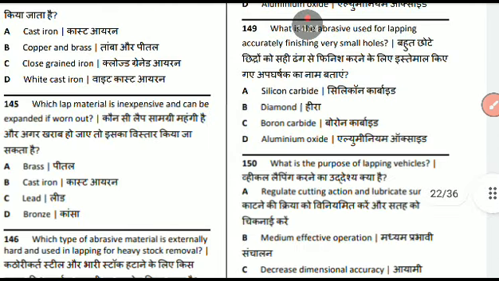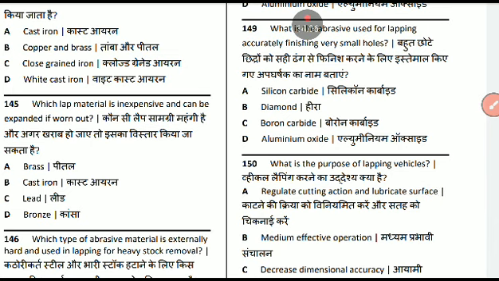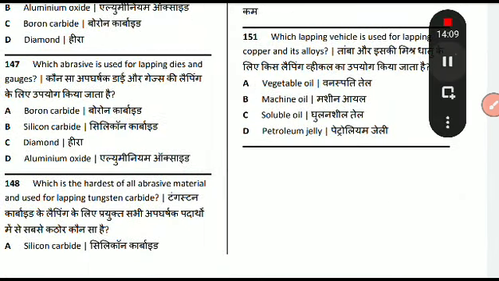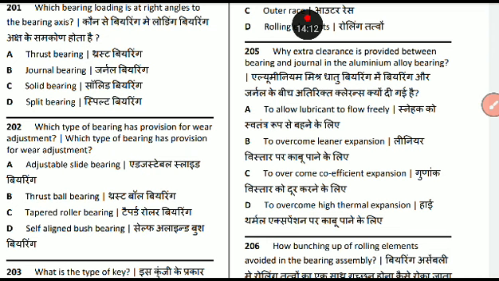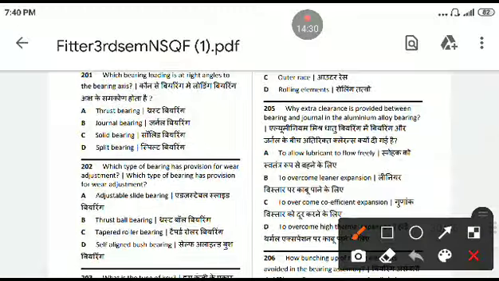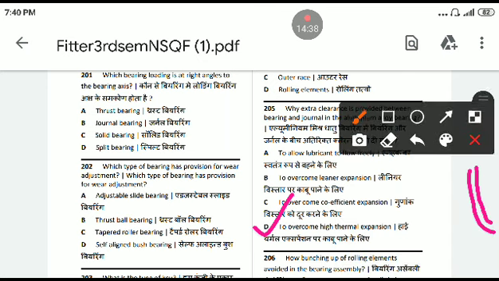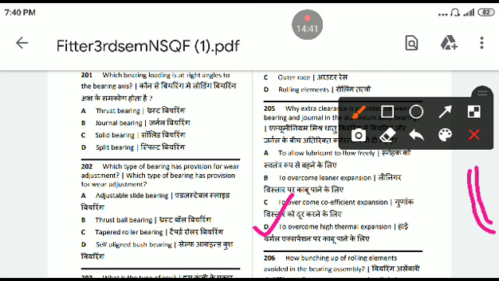To overcome linear expansion, to overcome coefficient of expansion, to overcome high thermal expansion. To overcome high thermal expansion.